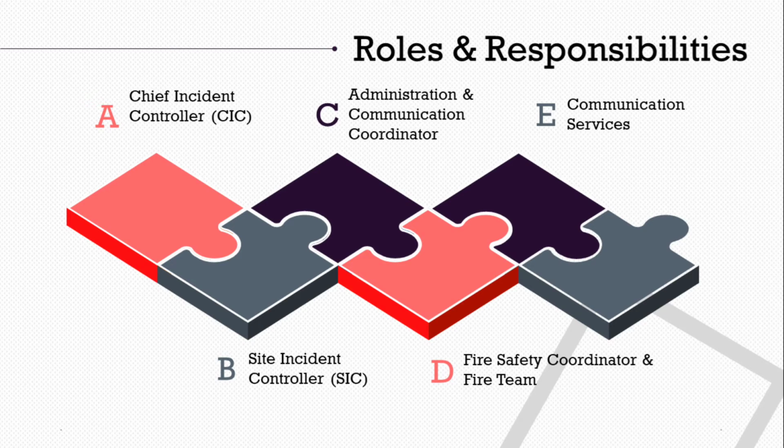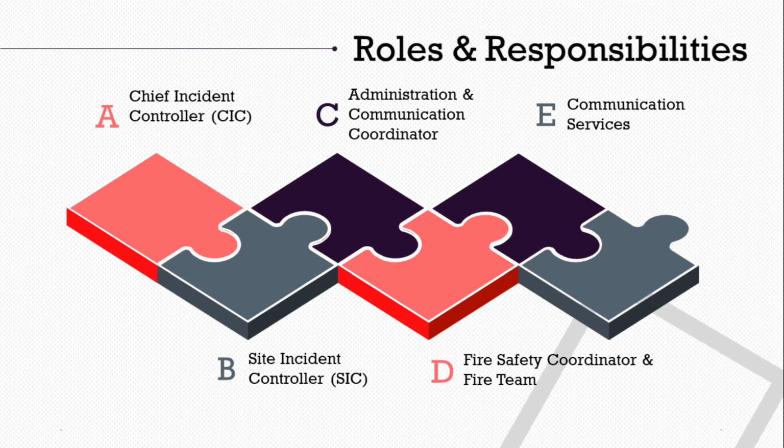The CIC has to be present at the main emergency control center for counsel and overall guidance. Site Incident Controller: he has to be identified by the CIC and will report directly to him. The SIC should be nominated by the entity in each shift for after 24 hours.